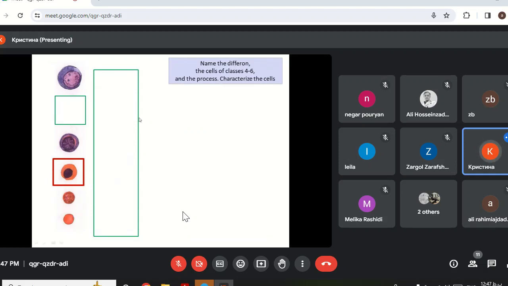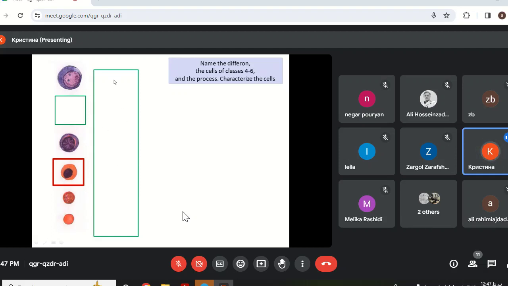Then you should name all the cells that are present here, name the cell that should be here in this frame. For example, this is the erythroblast, then here should be basophilic proerythrocyte, this is polychromatophilic proerythrocyte, this one is the oxyphilic proerythrocyte, reticulocyte, and erythrocyte. You should name them all.